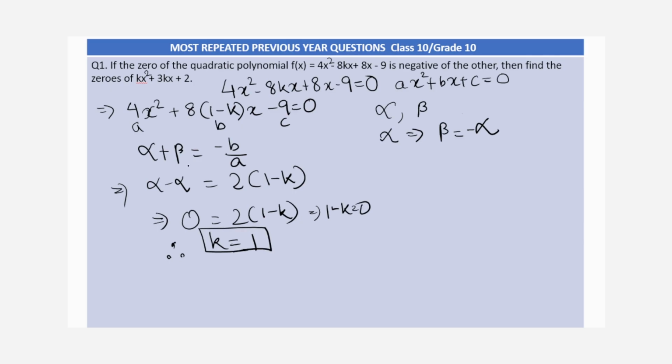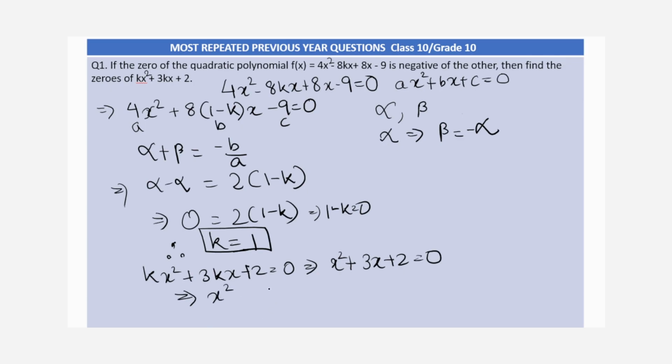Now I can substitute this value in this particular quadratic polynomial. So kx² + 3kx + 2 = 0 will become x² + 3x + 2 = 0. Now we can just find out the roots. How?